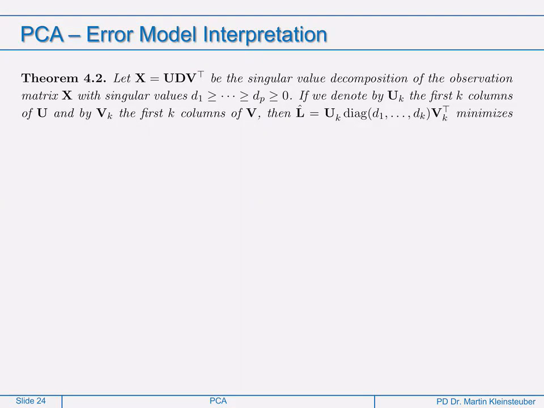And this minimizes exactly this optimization problem. I haven't written that down again. This minimizes the problem here: minimize, rank L equal to k, X minus L, Frobenius norm squared.